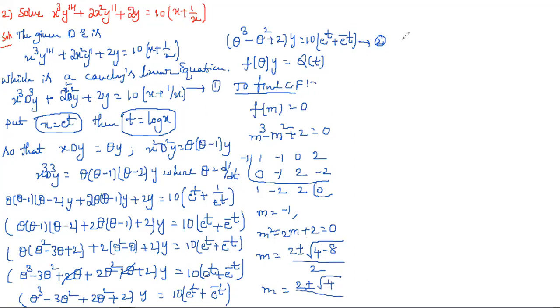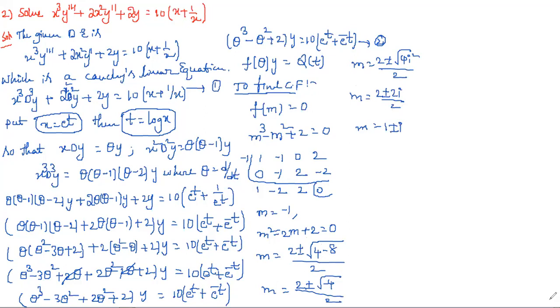Then m is equal to 2 plus or minus 2i by 2. So m is equal to 1 plus or minus i.